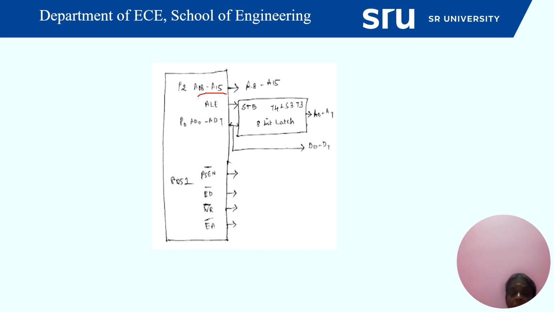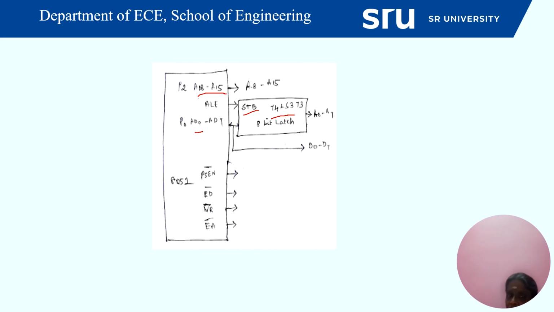So here is the 8-bit latch, the 74LS373 chip, and this STB pin, the strobe pin, is connected to the ALE, the address latch enable pin of the 8051.